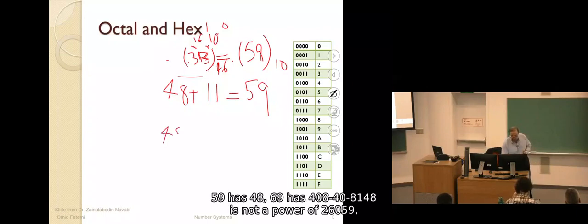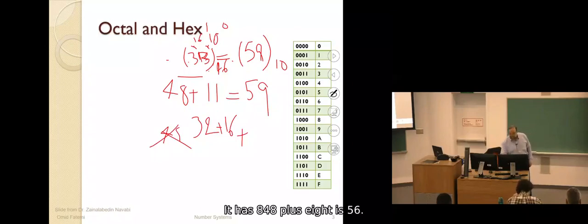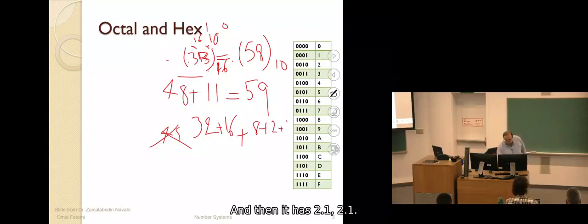No, 48 is not a power of 2. 59 has 32. It has 16. 32 plus 16 is 48. So it has 8. 48 plus 8 is 56. And then it has 2 and 1. So this is 59.